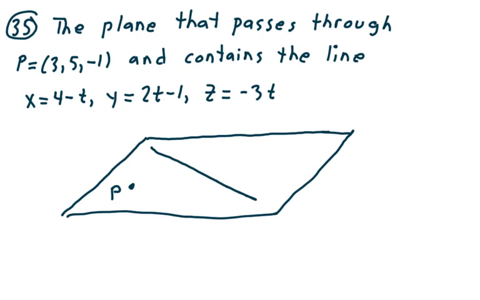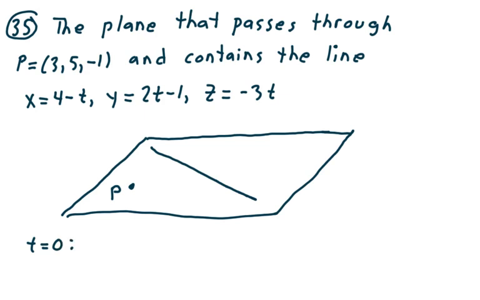And so what I want to do is pick 2 points on the line, right? Because if the plane contains the line, it contains points on the line. So in other words, I'm going to let t equal 0. I can pick any 2 points I want.